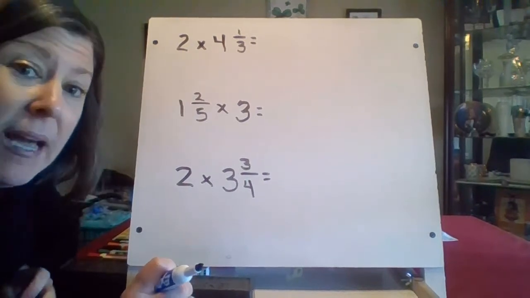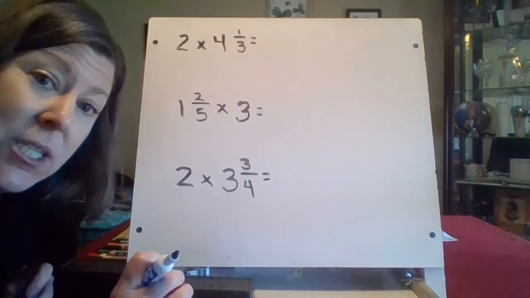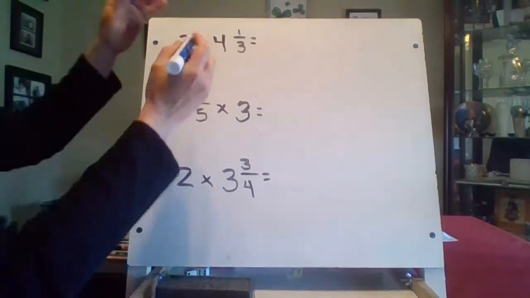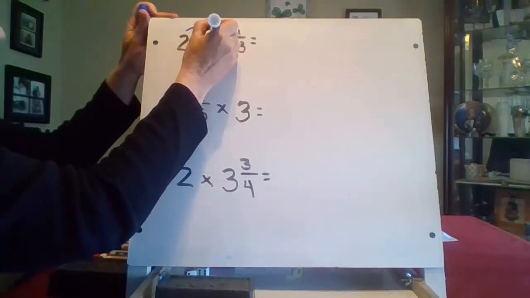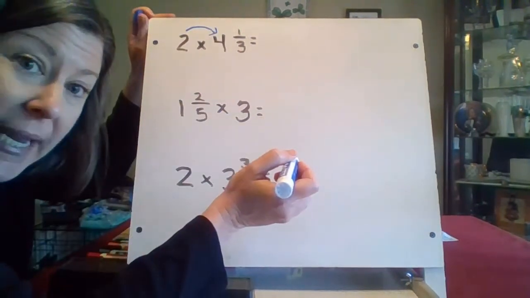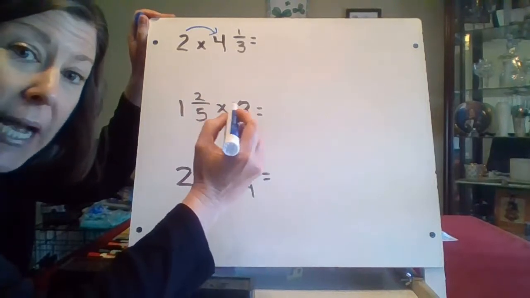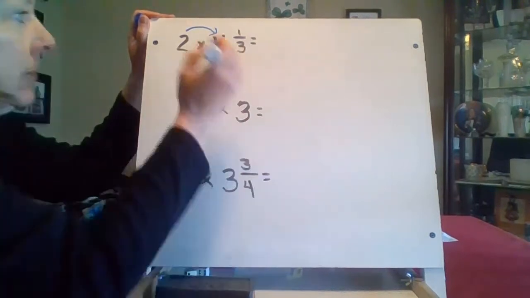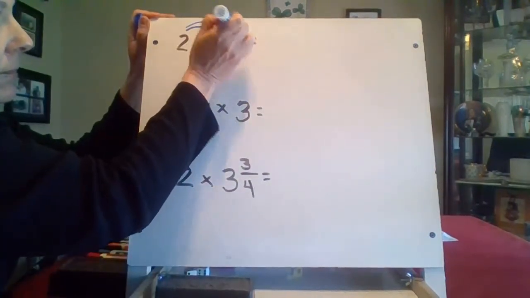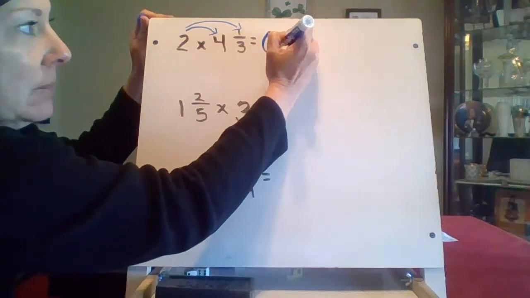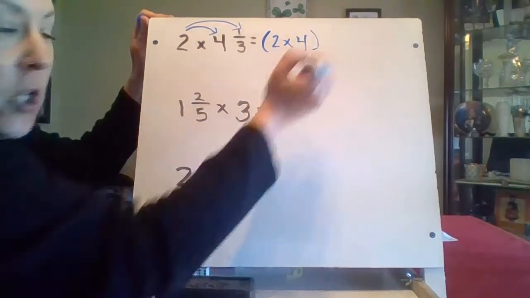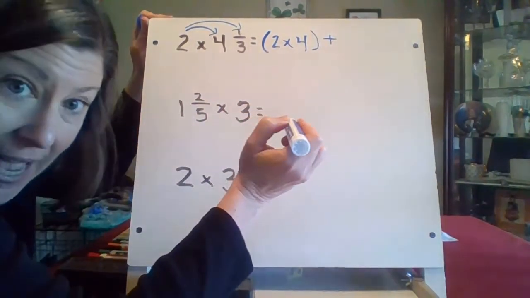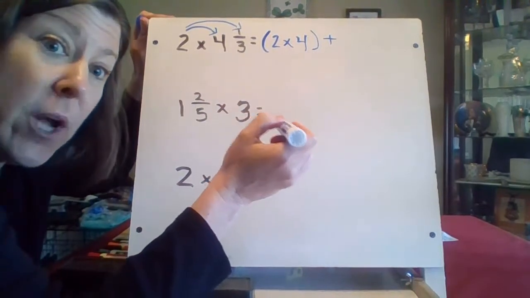All right, so we have 3 examples here. My first example, 2 times 4 1/3. I'm going to draw my arrows because I have to do 2 times the 4, but I also have to do 2 times the 1/3. 2 times the 4 plus 2 times the 1/3.